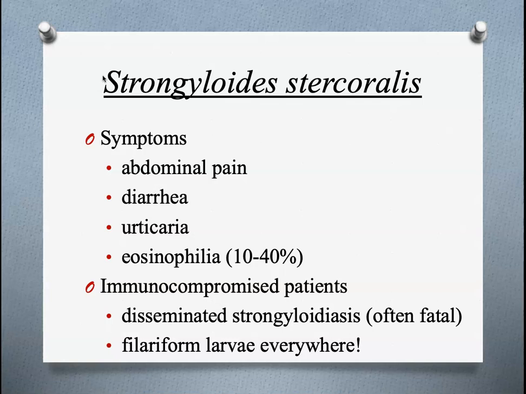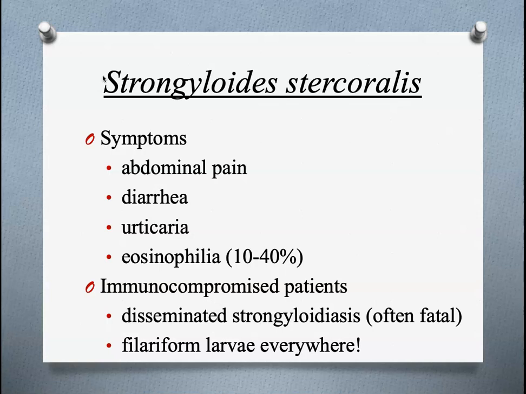Symptoms of Strongyloides stercoralis. The abdominal pain can be pretty severe and sharp like an ulcer, but otherwise pretty nonspecific abdominal symptoms. However, it's the immunocompromised patients in which this could be fatal.